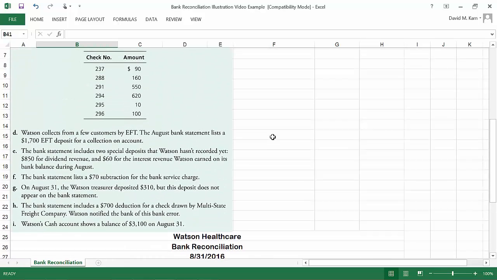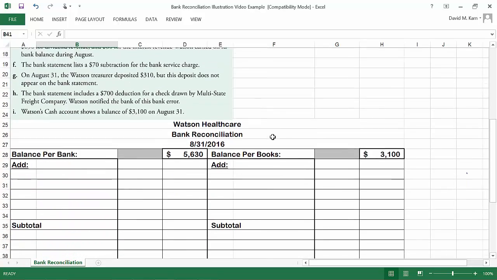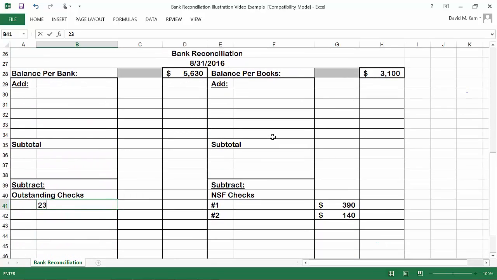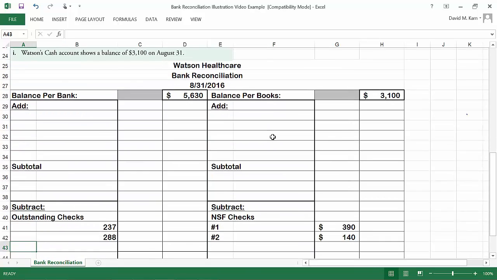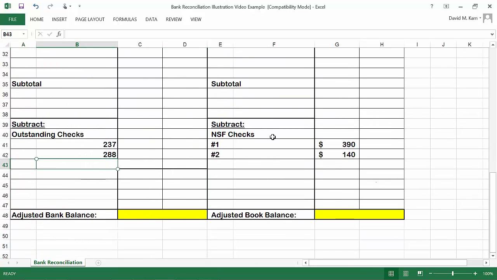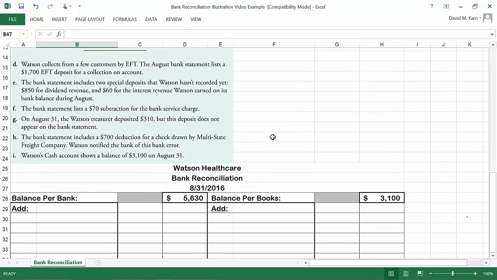We'll list them all. So we have 237, 288, 291, 294, 295, and 296. Okay, so those are the check numbers. Let's go ahead and put the actual amounts in here.